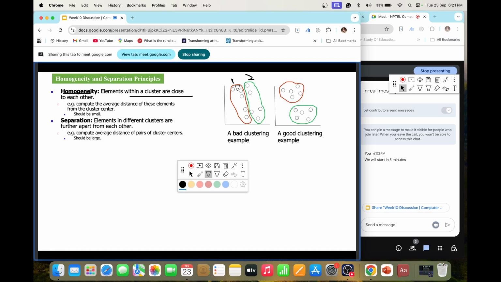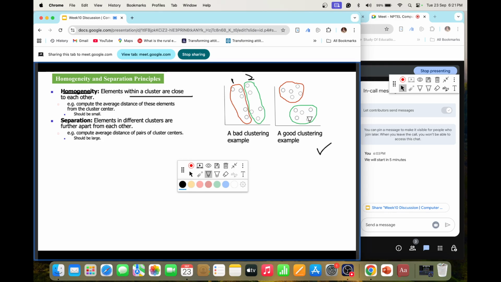The members in the red cluster are very much separated from each other, and the members in the green cluster are also very much separated from each other. But this is an example of good clustering, because the members in the same cluster are close to each other, and the members in the green cluster are close to each other.